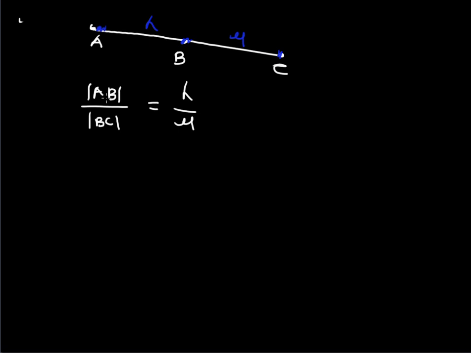Now, remember this expression: AB is equal to OB minus OA. Let B and A be the position vectors of B and A respectively.